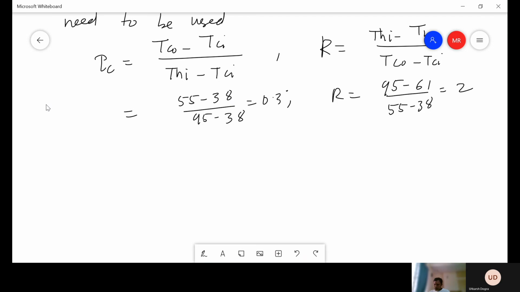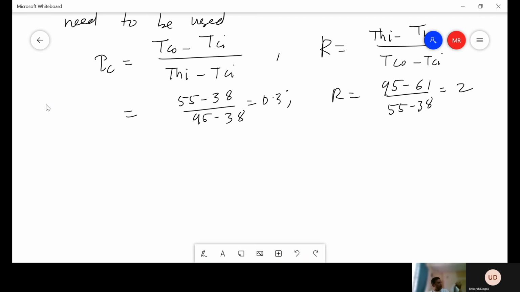Okay, these tables are present on page number 292. These are the different tables you can see.